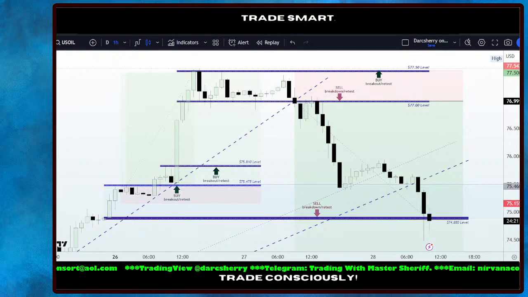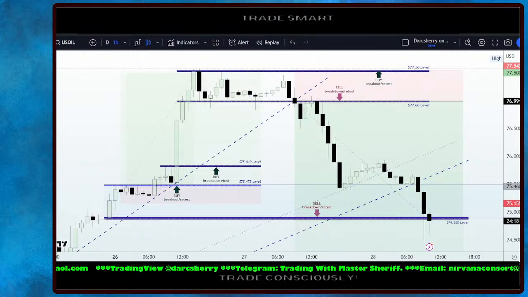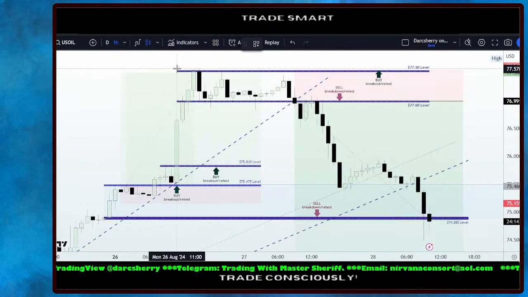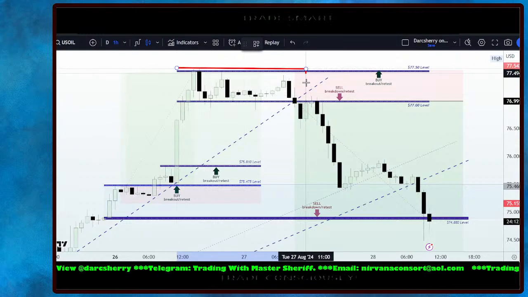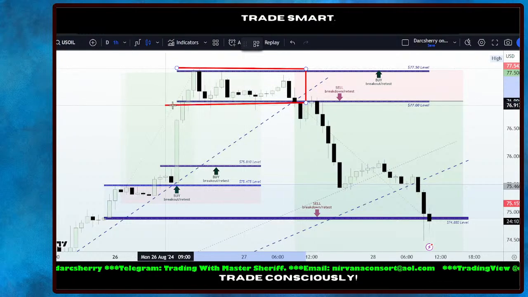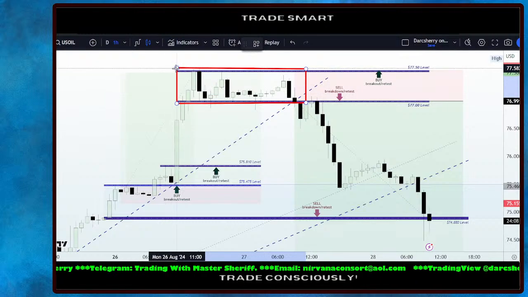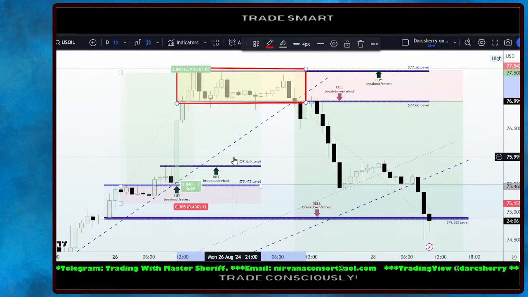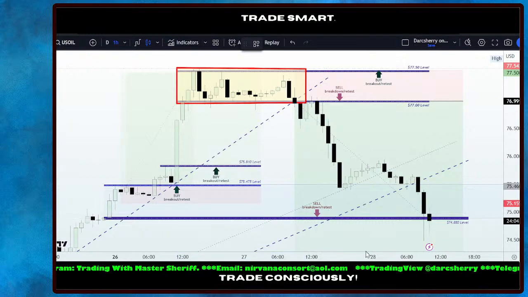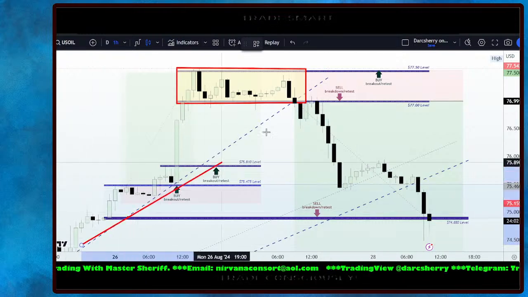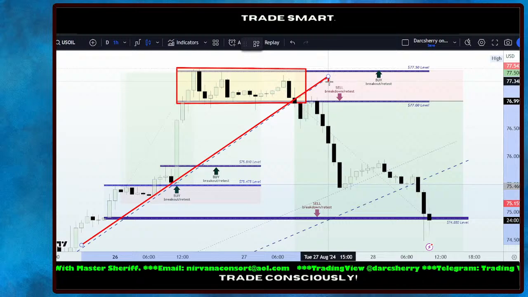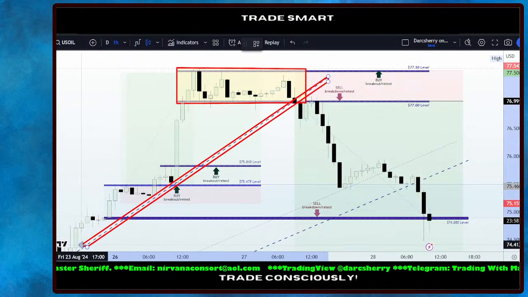As a result, it went into a range bound structure confined within the $77.50 level and of course the $77 area. In my commentary, I mentioned that we will be relying on this ascending trend line to guide our trading decisions for yesterday's session.